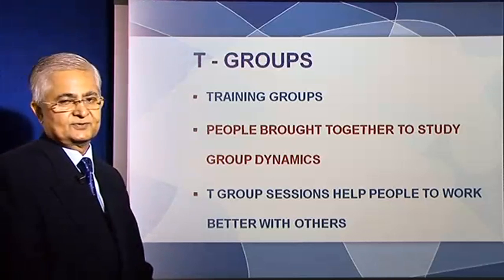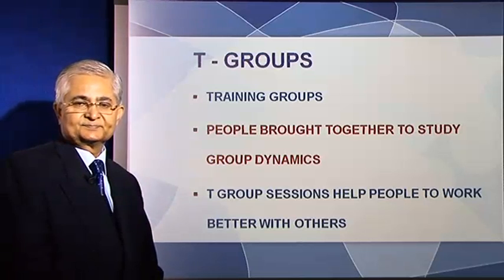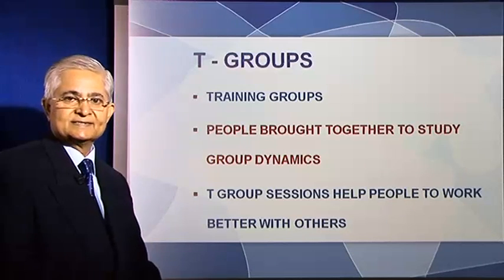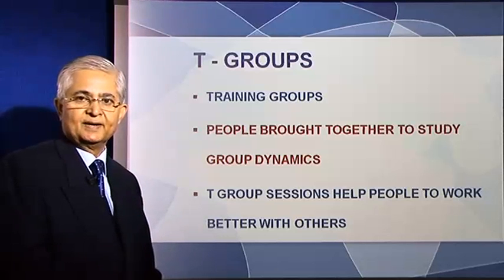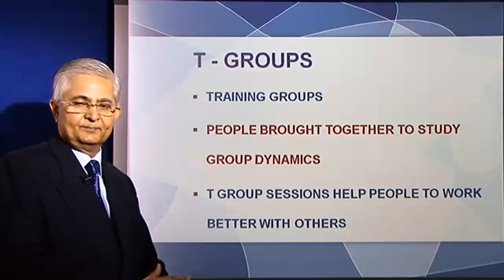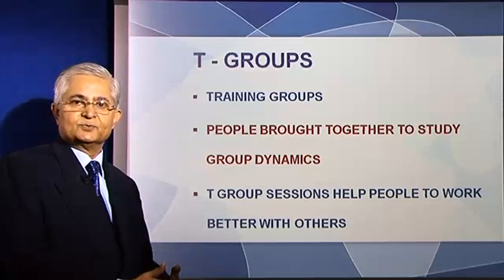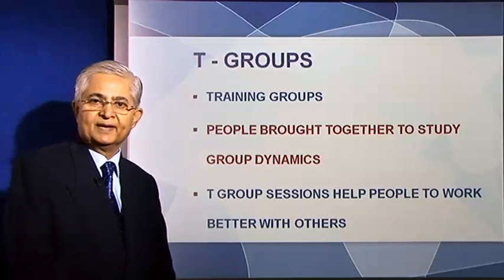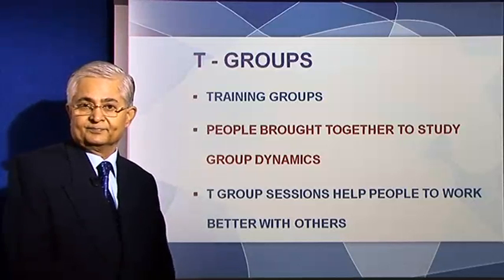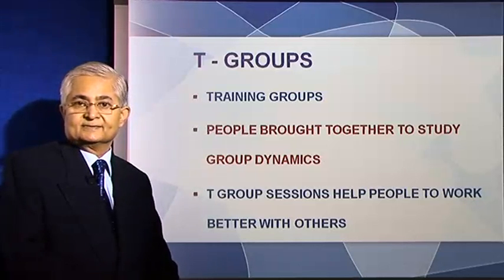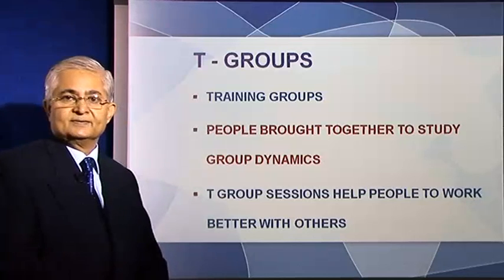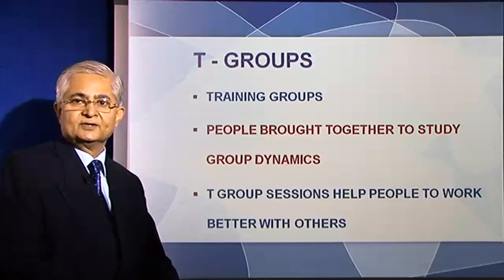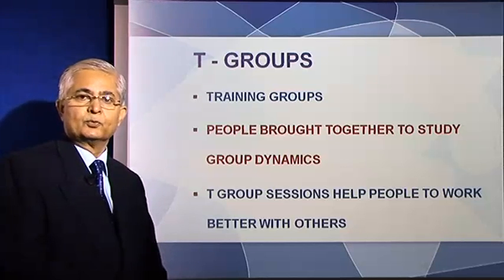The fact of the matter is that an individual, when he is left alone, behaves in a certain way. The same individual in a collection of people behaves in a different way. This is group dynamics.